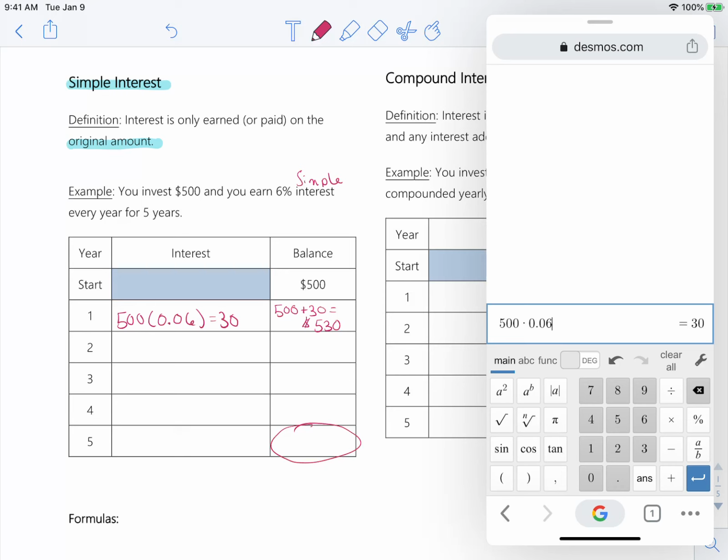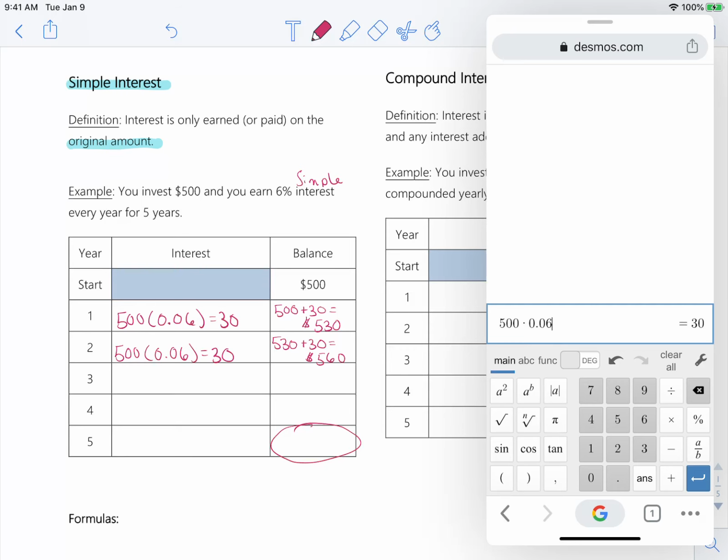Now year 2 says, well, we have to go off the original amount again. So we start with 500 and we're earning the 6%. Well, we don't have to do that calculation again, so that's just 30. But now my balance is going to be 530 plus another 30, so I have $560.